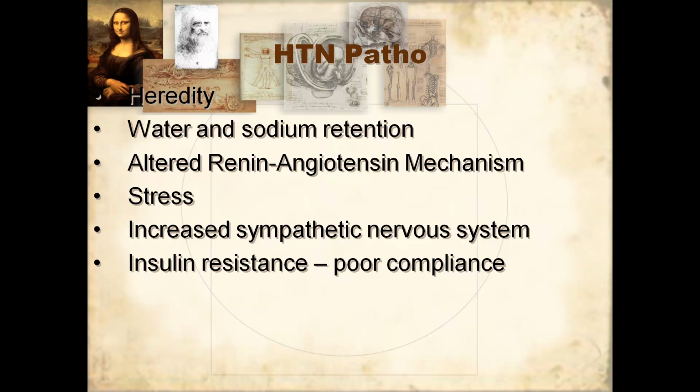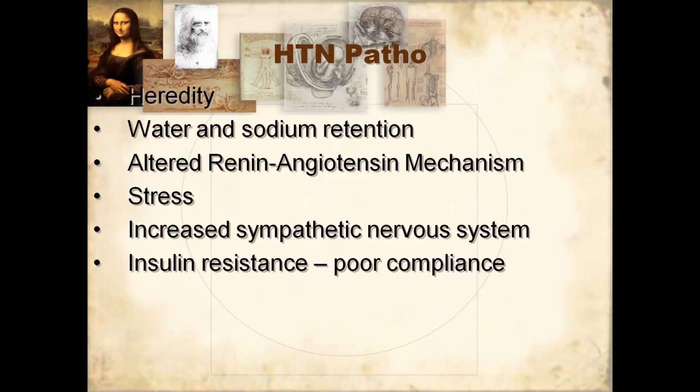Another thing is the renin-angiotensin mechanism. Is it altered due to some other disease such as cancer? Stress. Are you in a type A stress job? Do you worry a lot? Some people worry about everything, and it makes their blood pressure increase.